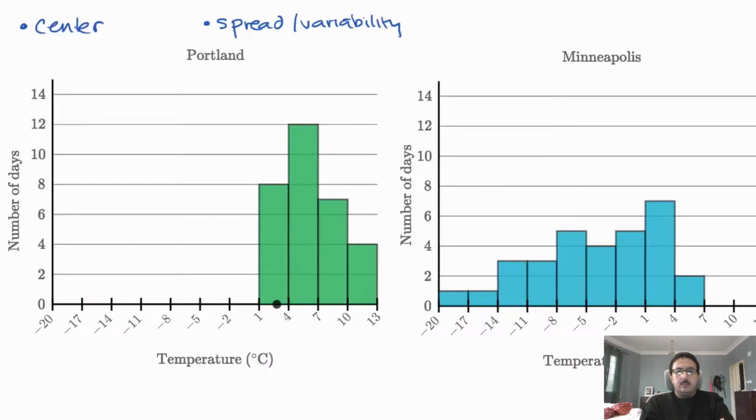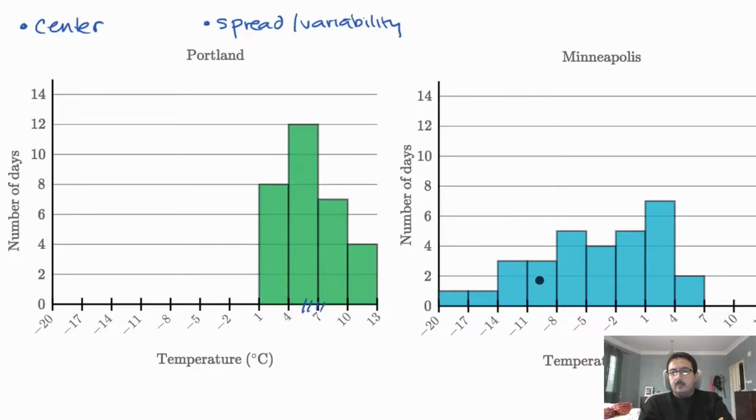Well, if you look at the distribution for Portland, the center of this distribution, let's say if we were to just think about the mean, although I think the mean and the median would be reasonably close, it seems like it would be around 7, or maybe a little bit lower than 7. So it would be kind of in that range, maybe between 5 and 7 would be our central tendency, either our mean or our median.